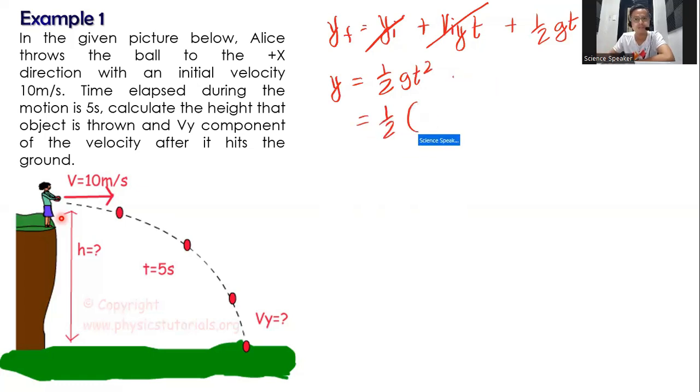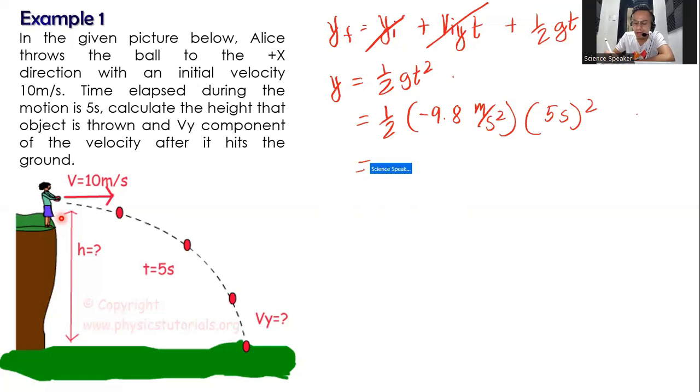If you substitute it, that's 1/2 of the value of gravity, negative 9.8 meters per second squared, multiplied by the time, which is 5 seconds, squared. If we get the half of 9.8, that is negative 4.9 meters per second squared.